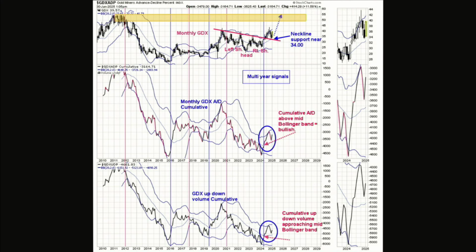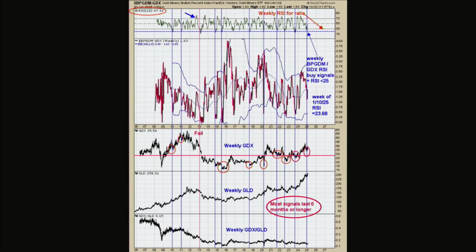So monthlies are bullish. Here are a couple of different buy signals I created. Chart number 5 is the bullish percent index for the gold miners index, GDX. It's another ratio, and it gave a buy signal back on January 10th of this year, about three weeks ago, as the RSI got down below 23 and turned up.